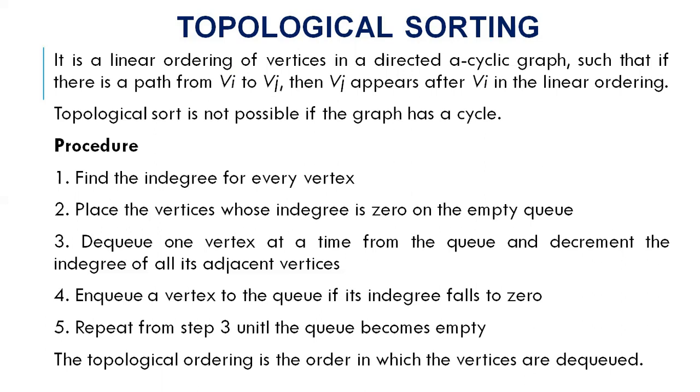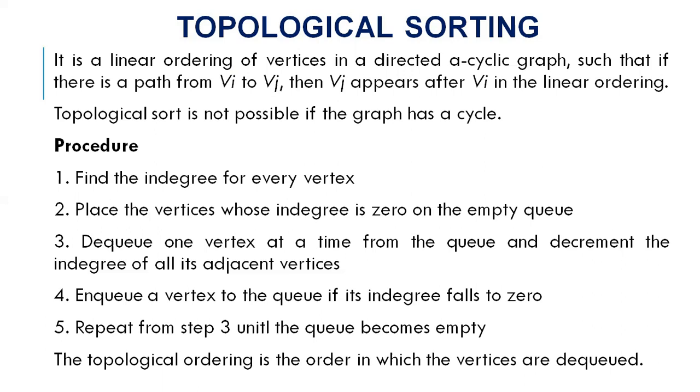After decrementing the in degree of the adjacent vertices, some vertices may have in degree values that go to 0. Once again, as per the logic, we insert those vertices onto the queue. Repeat the same process from steps 3 and 4 until the queue becomes empty.